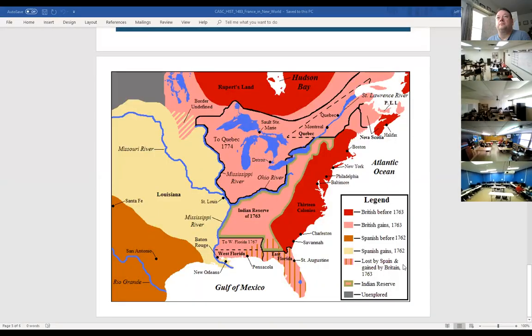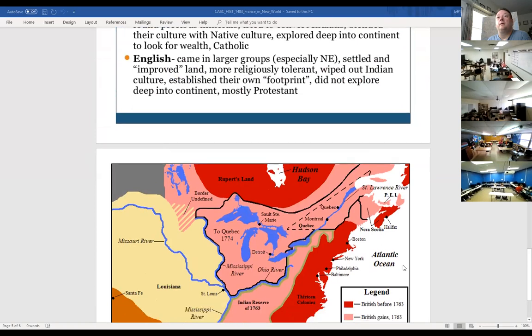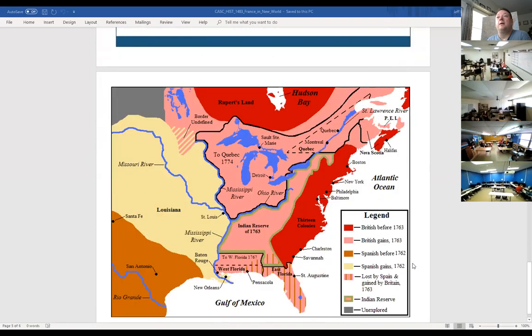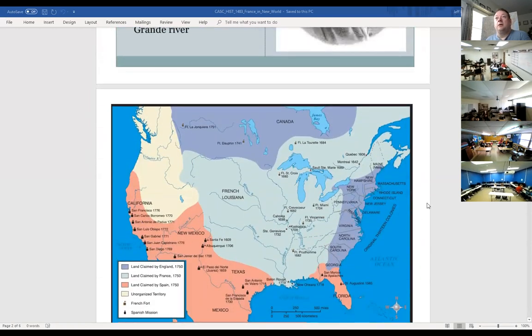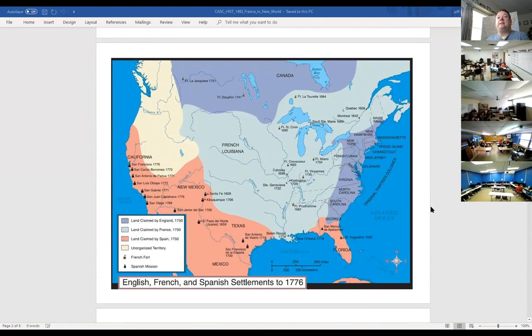And so in the New World, let me put this map back up. You will recall that the territory, if we basically go from the Mississippi River east, except for Florida, you have France and England.